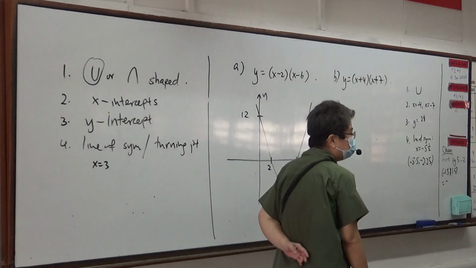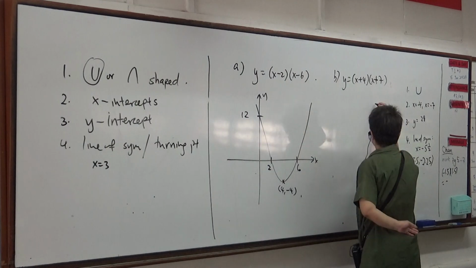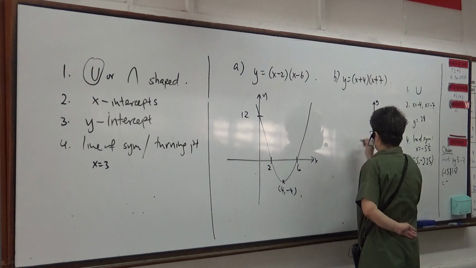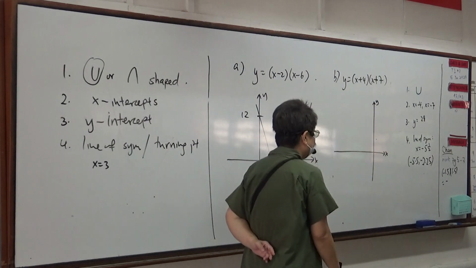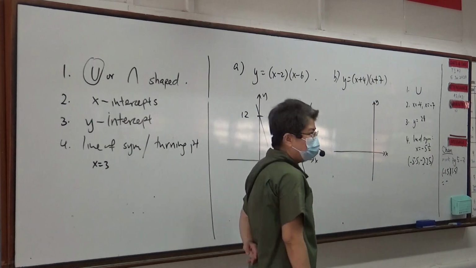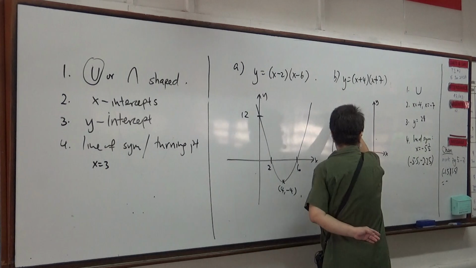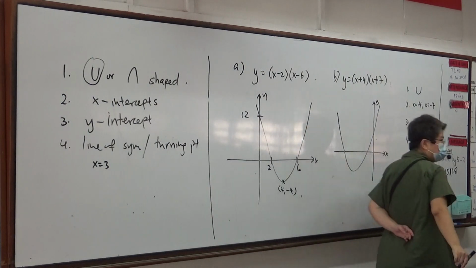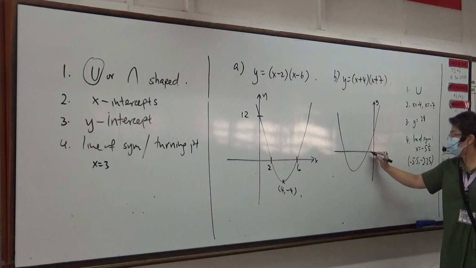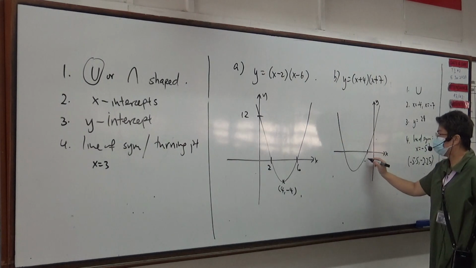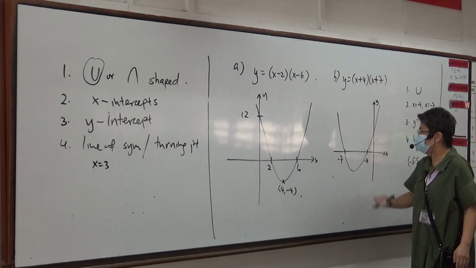How would you sketch the graph? How would you do it? It's now this way, correct? Am I right to say that? How come it's on the other side now? This is what? Negative 4. This is negative 7.